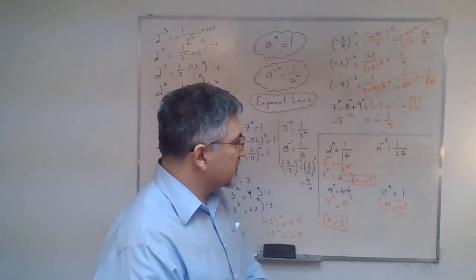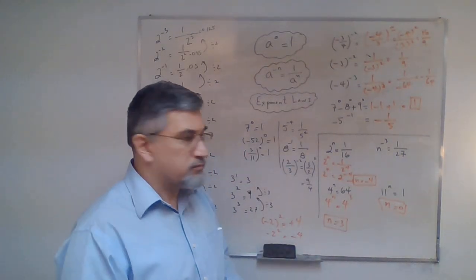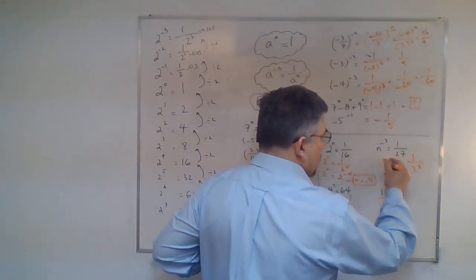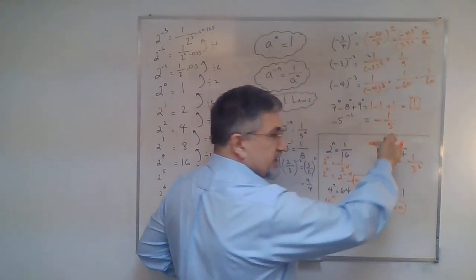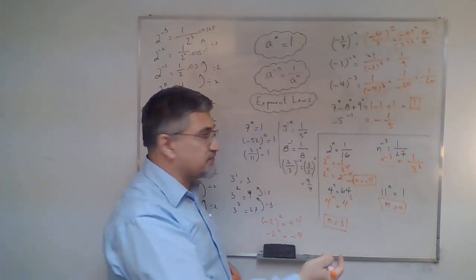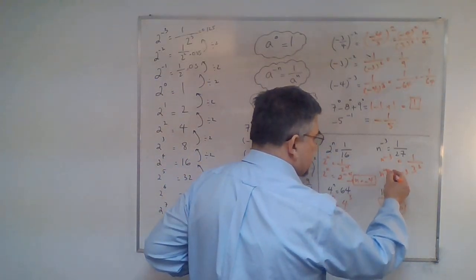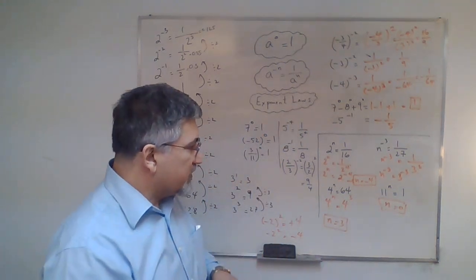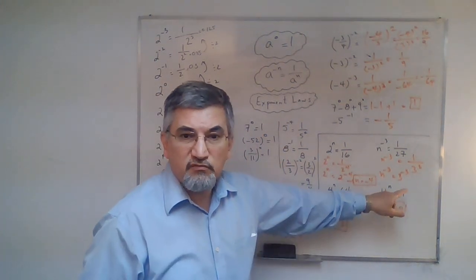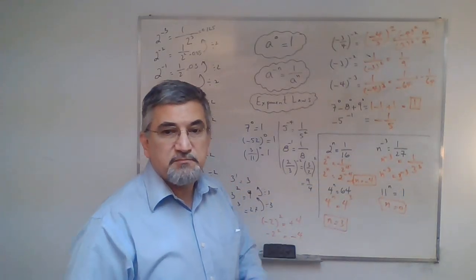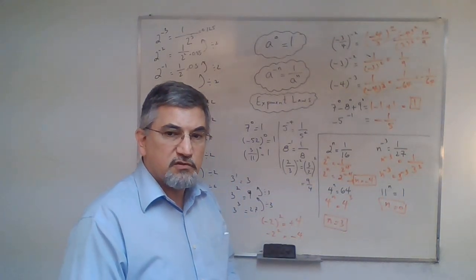This other equation, again, 27 is 3 cubed, right? So this is actually 1 over 3 cubed, okay? And we can write this in the numerator with a negative exponent. So that will be 3 to the exponent of -3 equals n to the exponent of -3. So again, we have two powers, one on the left, one on the right. The exponents are perfectly the same, and the bases must be the same in order for this equality to hold.